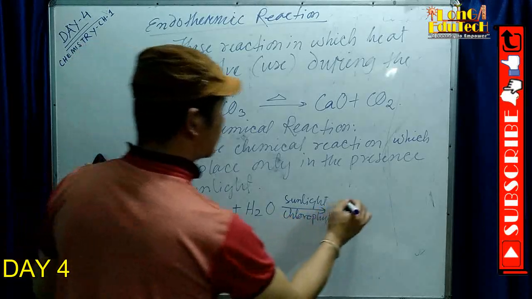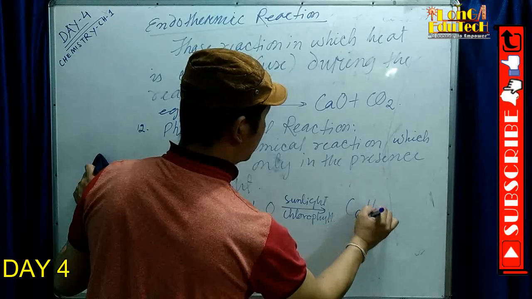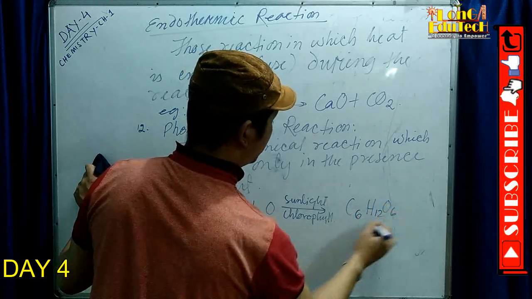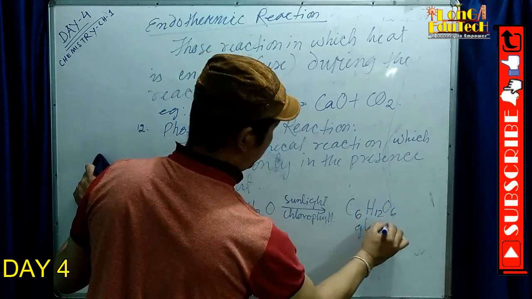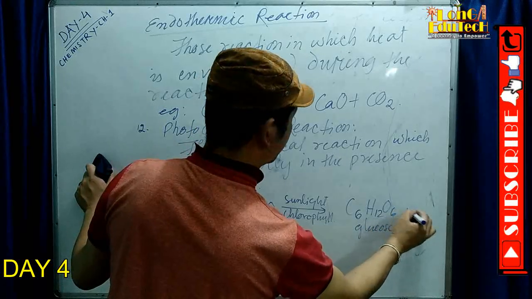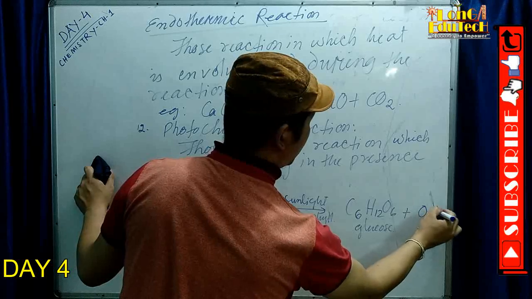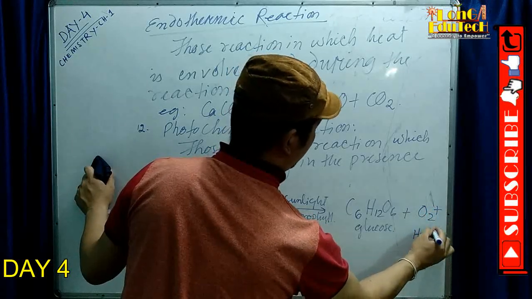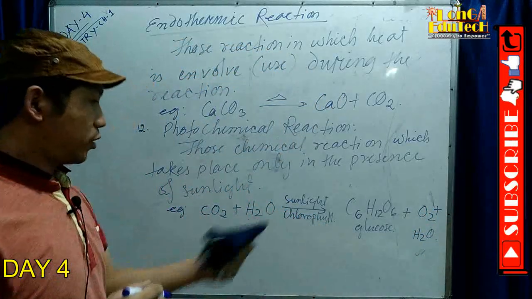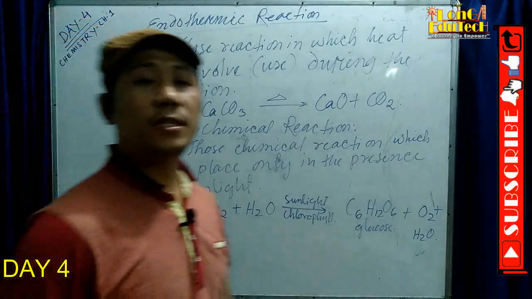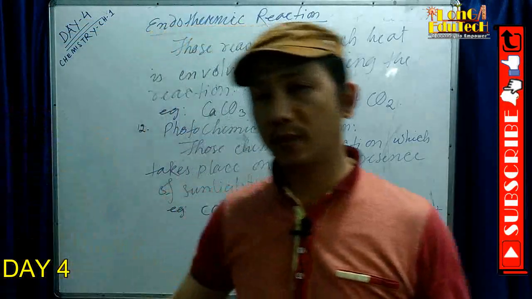In this case, what will we give? C6H12O6, this is glucose. And oxygen and water vapor are also produced. So these reactions can take place in the presence of sunlight only.